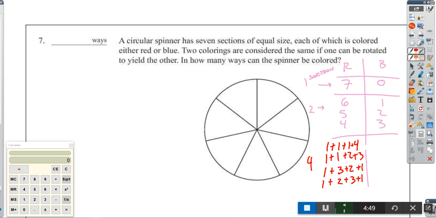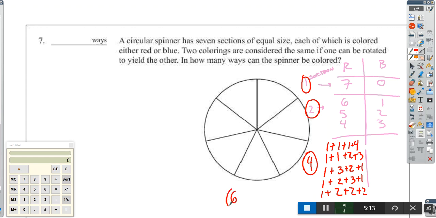I could also have 1 plus 2 plus 2 plus 2. So there are 1, 2, 3, 4, 5 ways I can have 4 sections. There are 3 ways that I can have 2 sections. There's 1 way I can have 1 section. Well, what about 6 sections? Can I get 6 sections in here? And I bet I can.